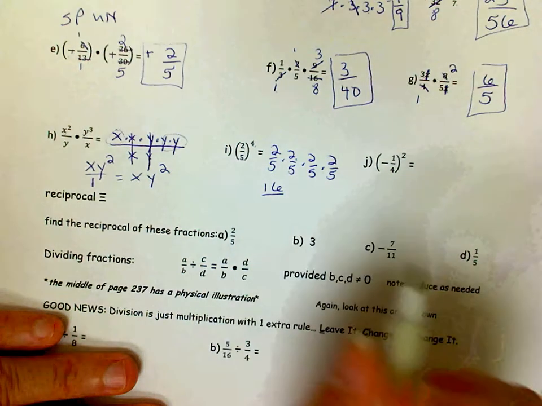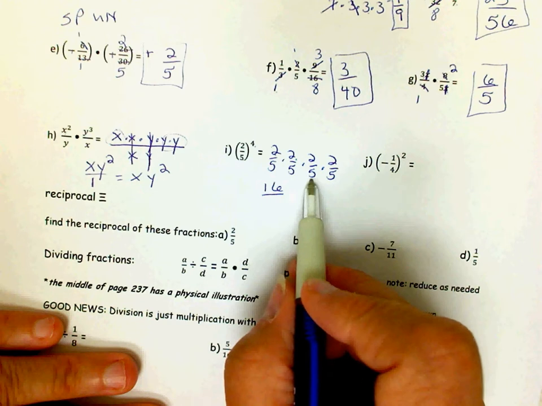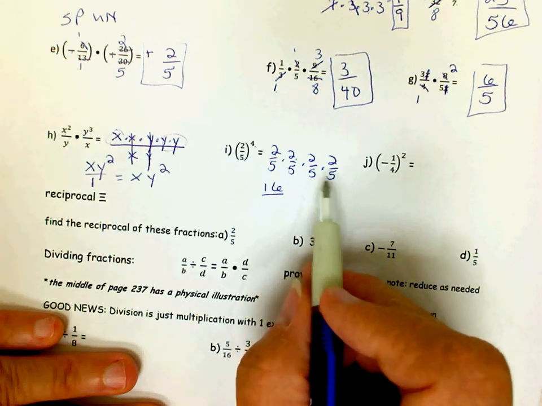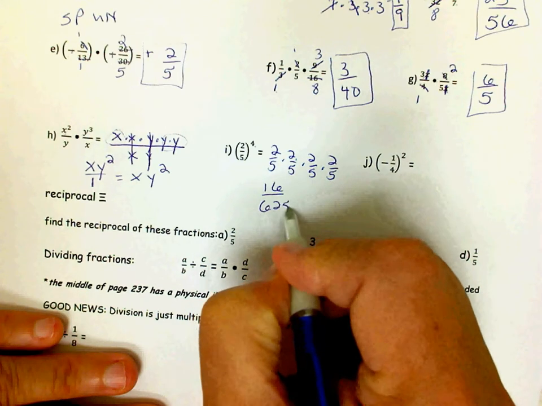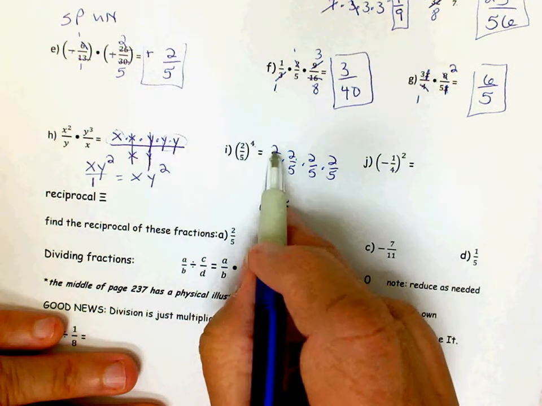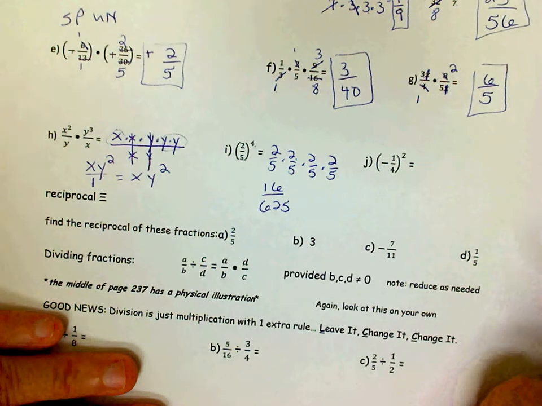And then 5 times 5 is 25. 25 times 5 is 125, and then times 5 again makes us 625. Now, if I can't reduce 2 over 5, I cannot reduce 16 over 625.